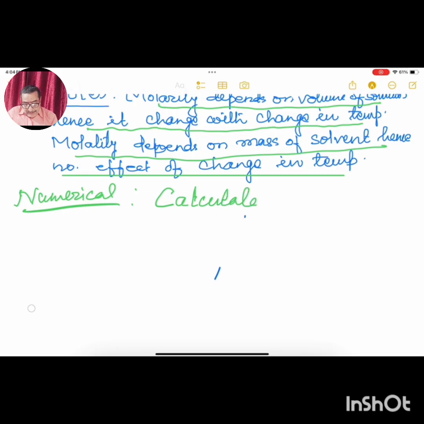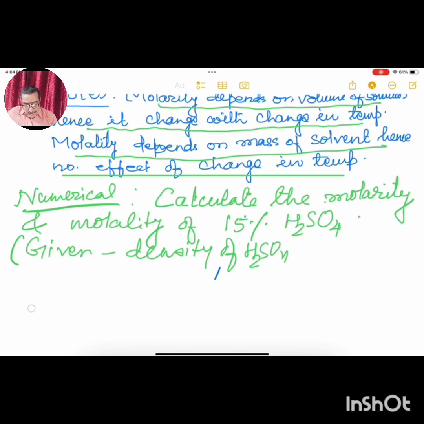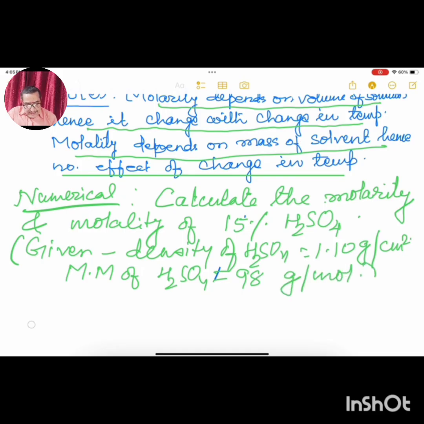For example, calculate the molarity and molality of 15% sulfuric acid, given the density of H2SO4 equals 1.10 gram per centimeter cube, and the molar mass of sulfuric acid is 98 gram per mole.